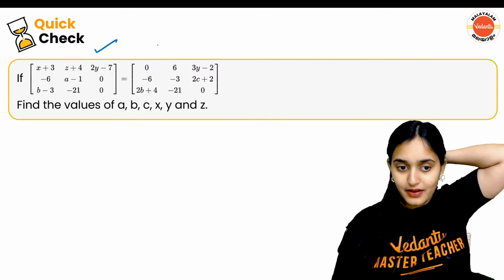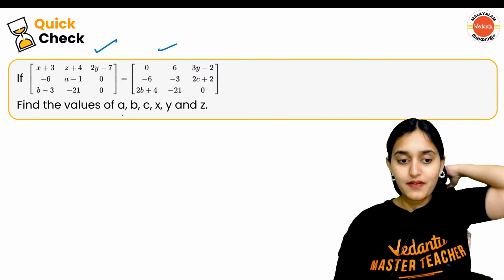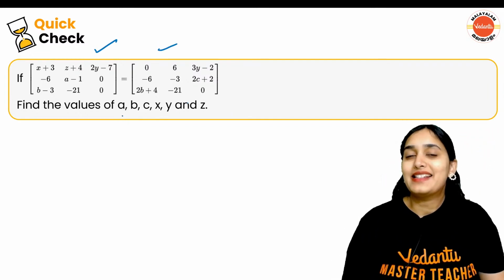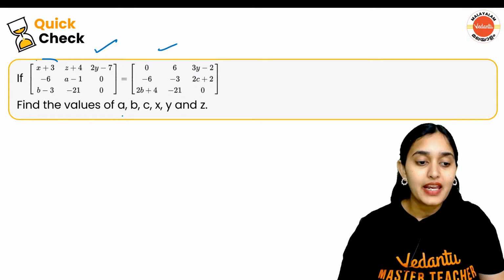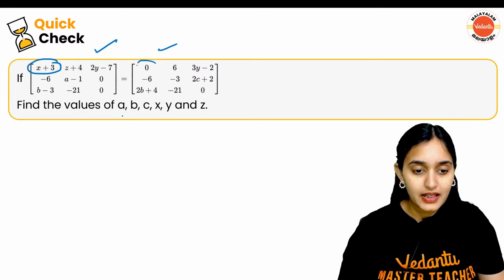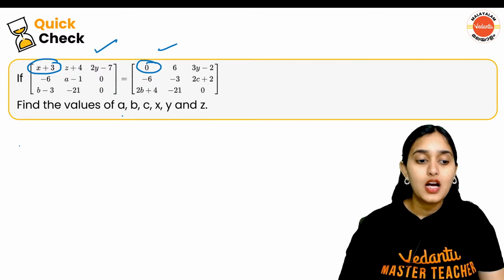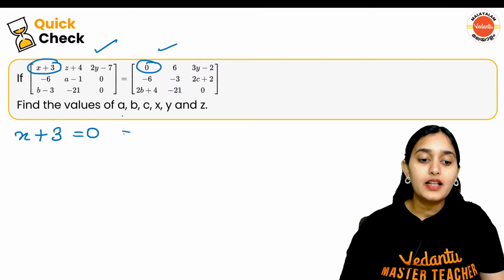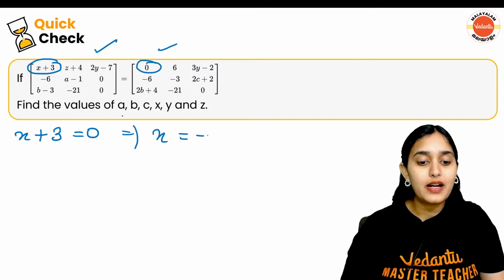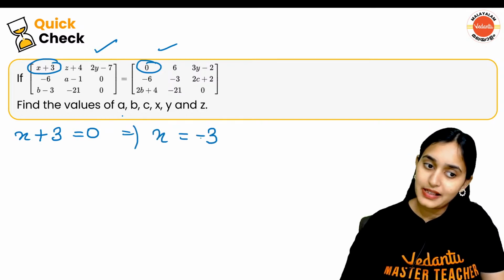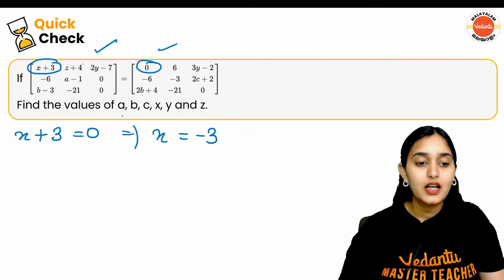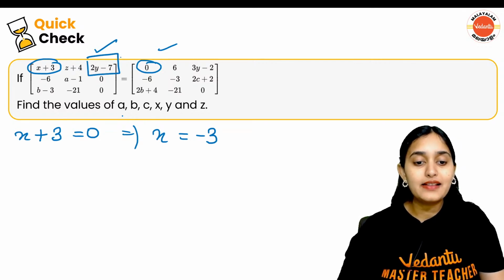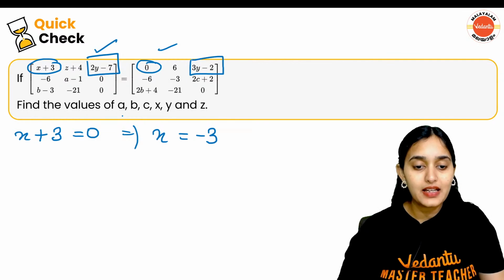If this matrix is equal to this matrix, what is the value of A, B, C and X, Y, Z? Simple. Let's see. A11 is equal to B11. So X plus 3 is equal to 0. This implies that X is equal to minus 3. Simple. Similarly, 2y minus 7, 3y minus 2.